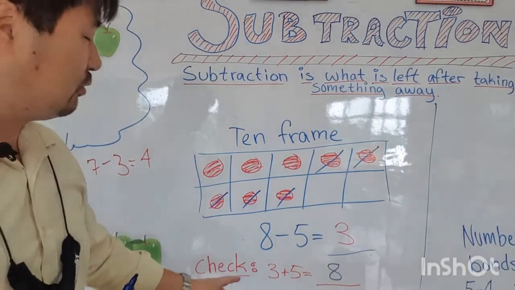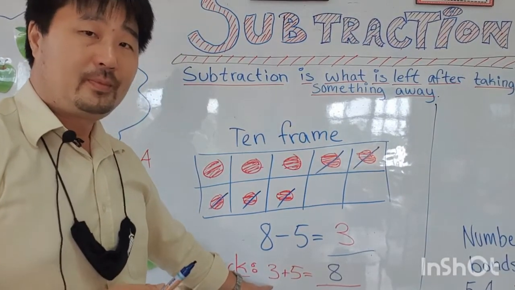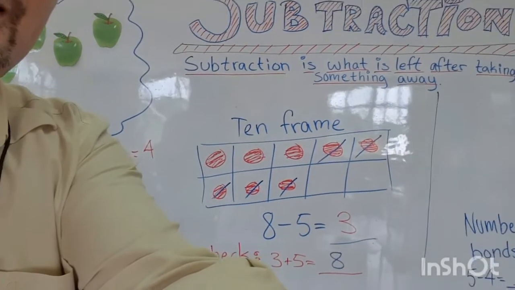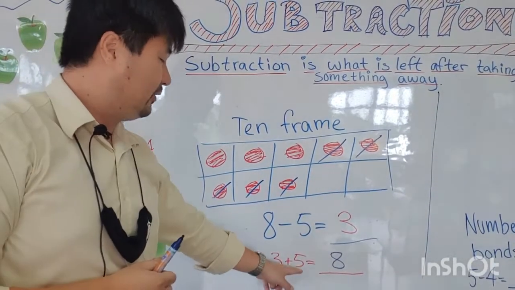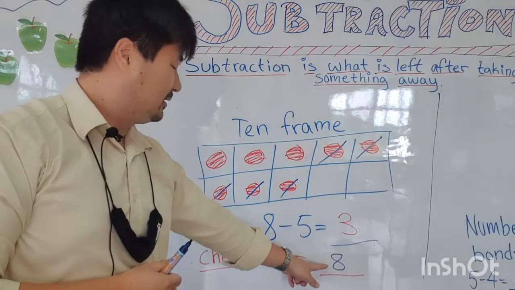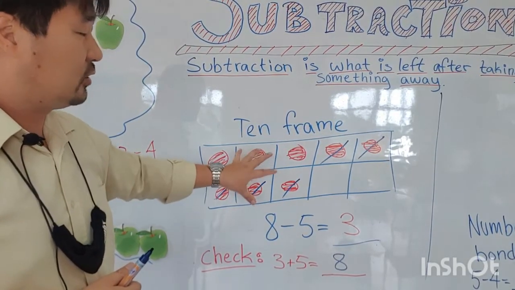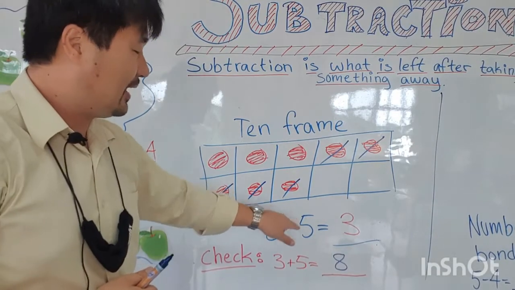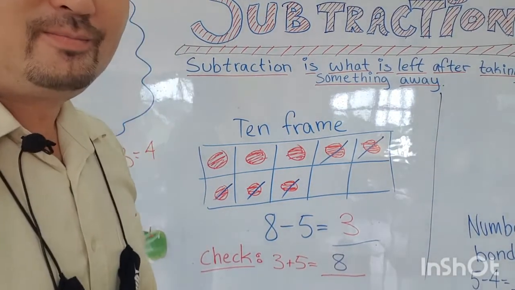So that is how you know that 3 is correct. Because 3 plus 5 equals 8. And 8 is the total, the whole that you started with. 8 minus 5. Okay? Good.